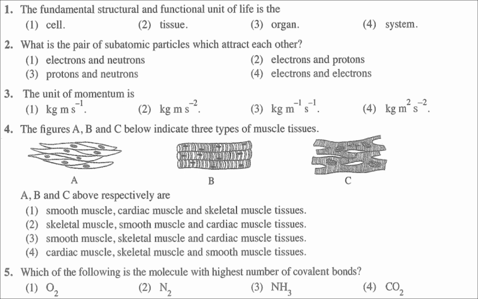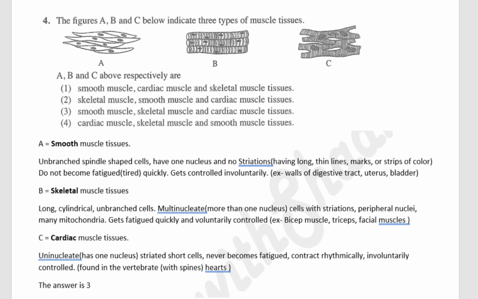Then we have three different muscle tissues, and they're asking us to identify them. Look at the first one. The first one is a smooth muscle tissue. It is unbranched, a spindle-shaped cell.